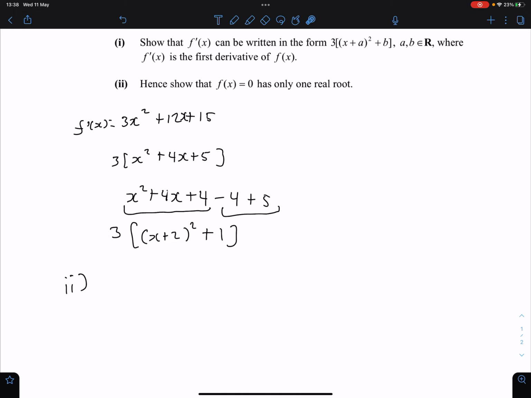Even if I put in something less than 2, say minus 3, any number squared is positive. So no matter what I put in for x, this part will always be positive. So we can say that 3 times x plus 2 squared plus 1, the function f prime of x, is greater than 0 for all x, which implies that f of x is an increasing function.